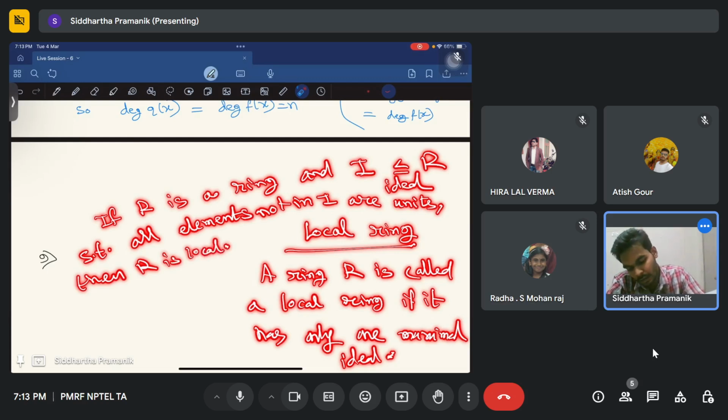That means I consists of non-units. Exactly all the non-units are contained in I. So I is a proper ideal, definitely. So if all the non-units of a ring form an ideal, then that ideal must be a maximal ideal and it has to be the unique maximal ideal. So I hope you can recall it from the lectures.